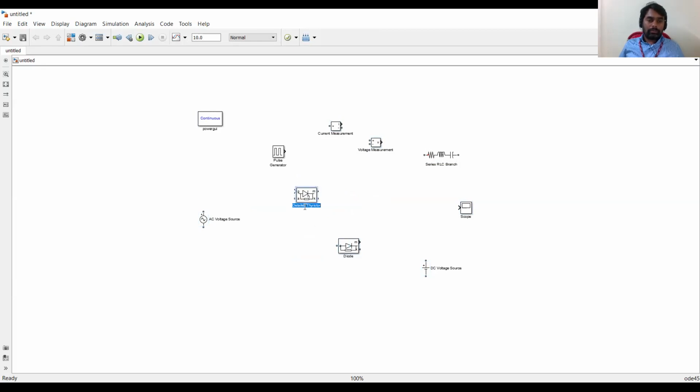Let me replace this thyristor with T1, this diode with D1. So let me rearrange: T1 and this is T2. All right, this is D1 and D2. Let me short this anode cathode like this. Let me short these cathodes.